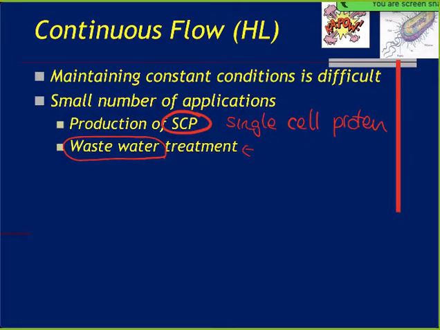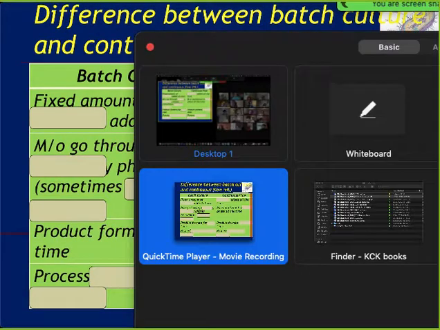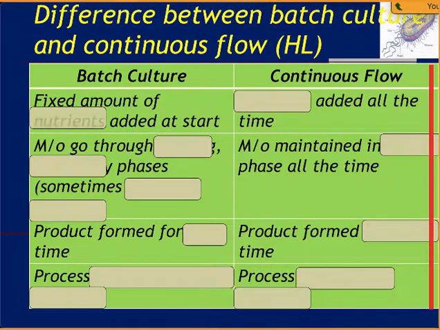And just the last thing then is a side by side of our batch and continuous. So what do you think are the words that would come underneath the box?